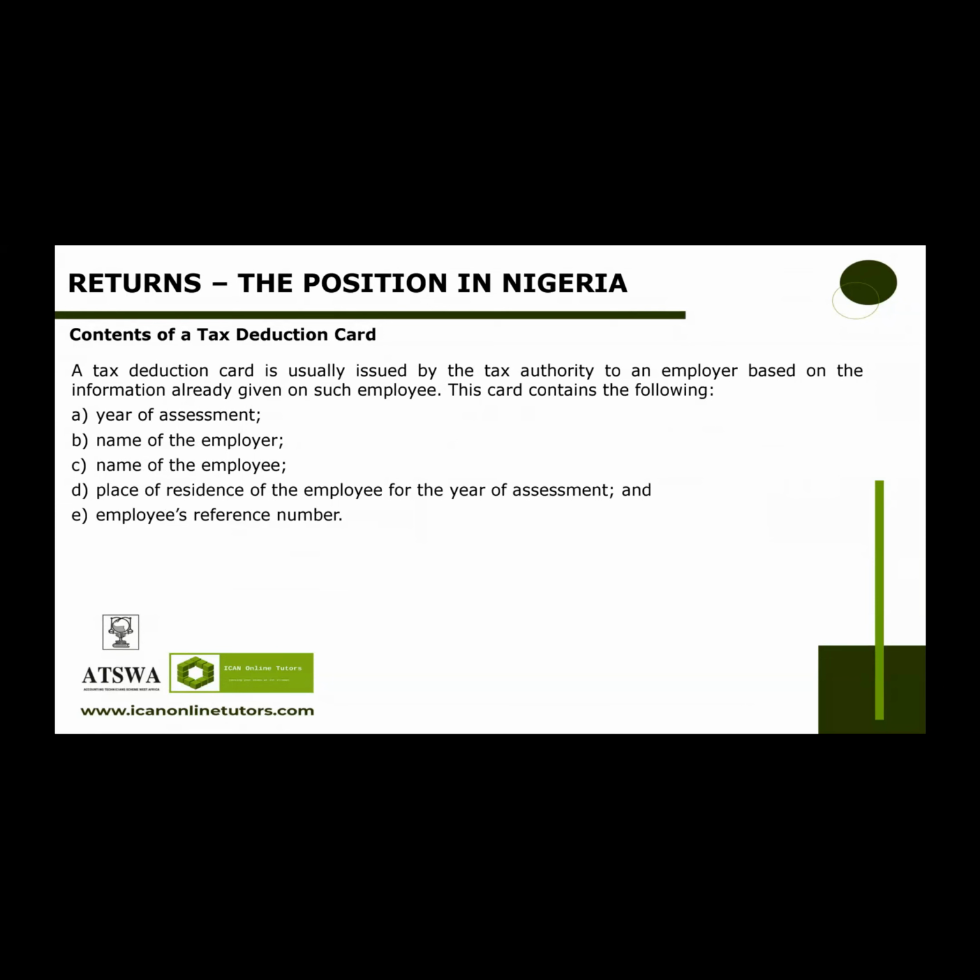Contents of a tax deduction card. A tax deduction card is usually issued by the tax authority. It shows the year of assessment, name of the employee, place of residence of the employee for the year of assessment, and the employee's reference number.